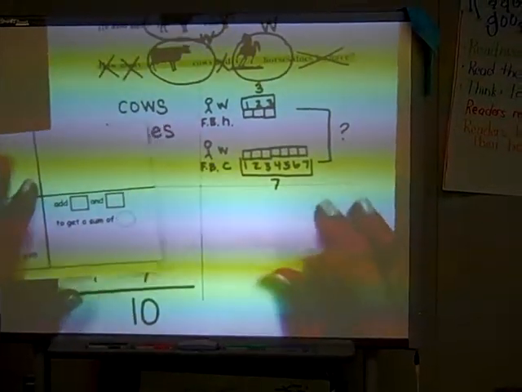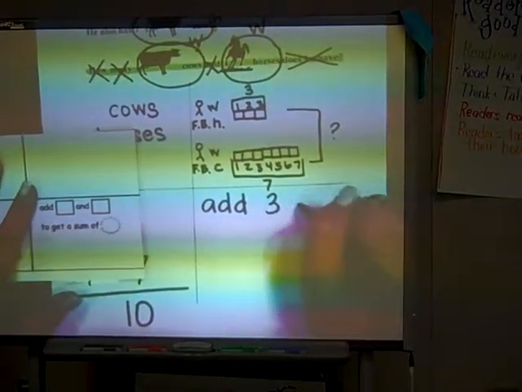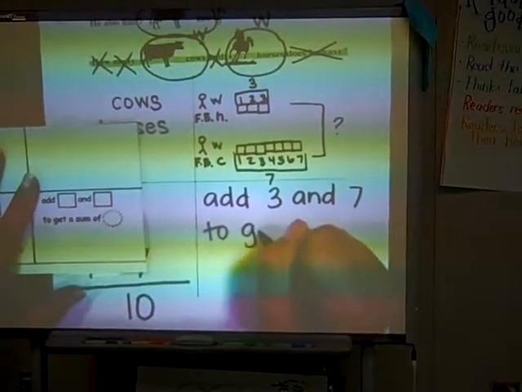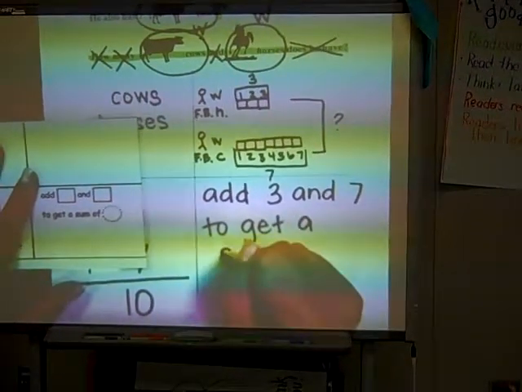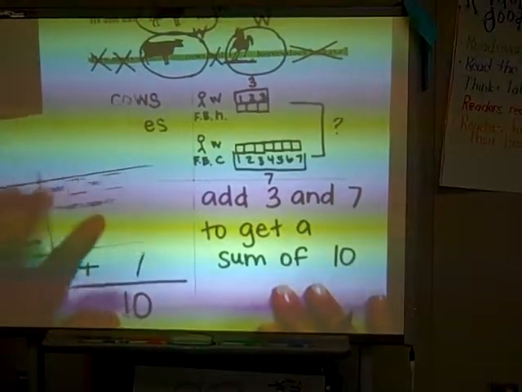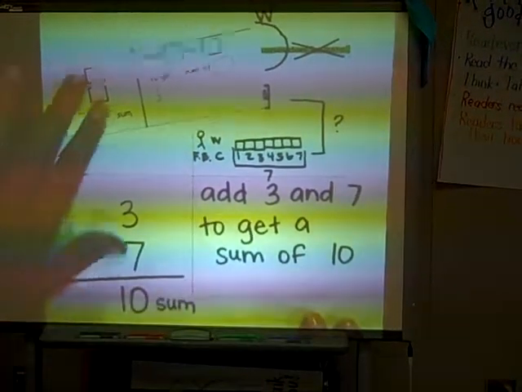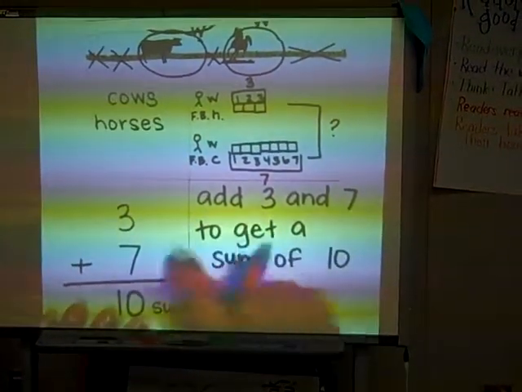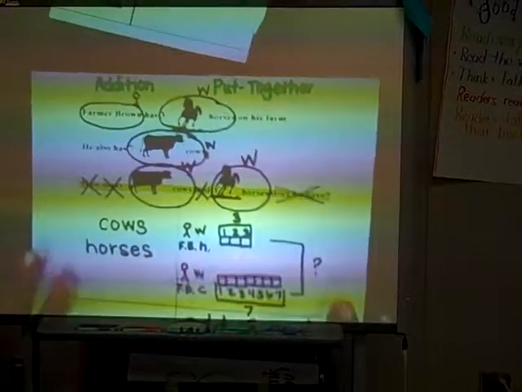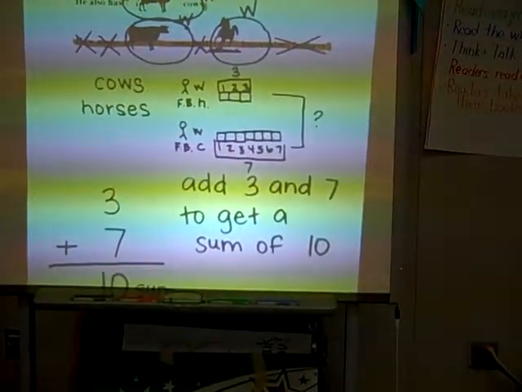And they got their answer by adding 3 and 7 to get a sum of 10. The sum is this number here, 10. Sum is the answer to when we're doing addition. So this is what a put together addition word problem should look like.